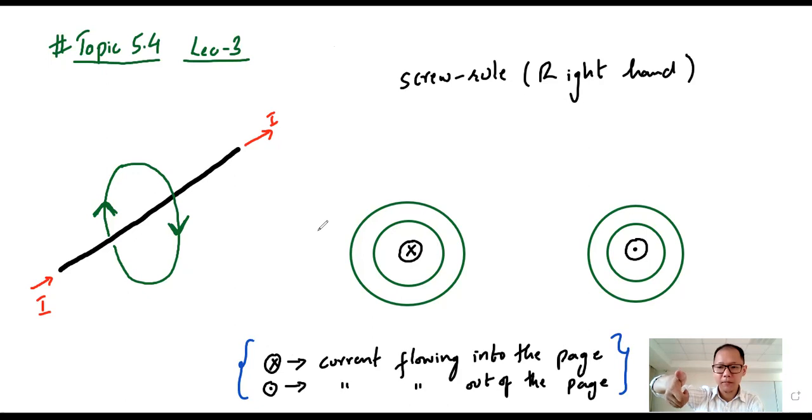So the curl is clockwise. So I can make my magnetic field direction in this way. Similarly, in the second case, the dot represents current flowing out of the page. So if you again consider a thumb, it's pointing out of the page, the curl of the finger is anti-clockwise. So that's why you have the anti-clockwise directions for the magnetic field.